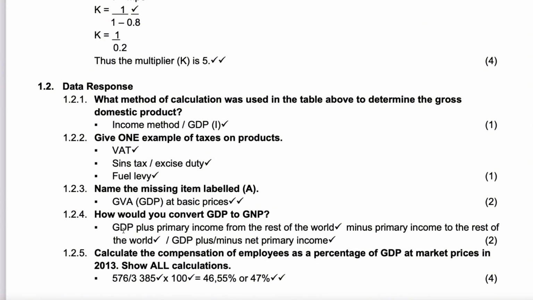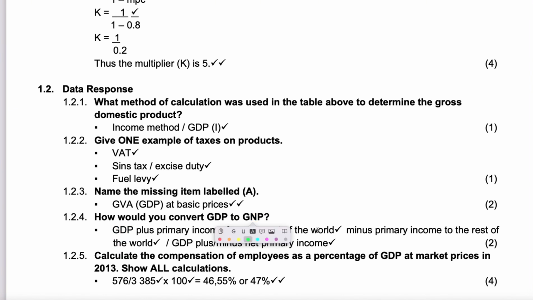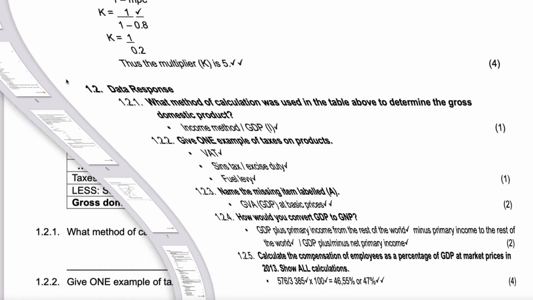Here we say GDP plus primary income from the rest of the world, meaning income that went to South Africans who are living outside South Africa. We subtract primary income to the rest of the world, meaning income that was paid to foreign nationals living in South Africa, because it says domestic here and we want to remove the domestic and put the national. So that's how we do it. Here's the formula.